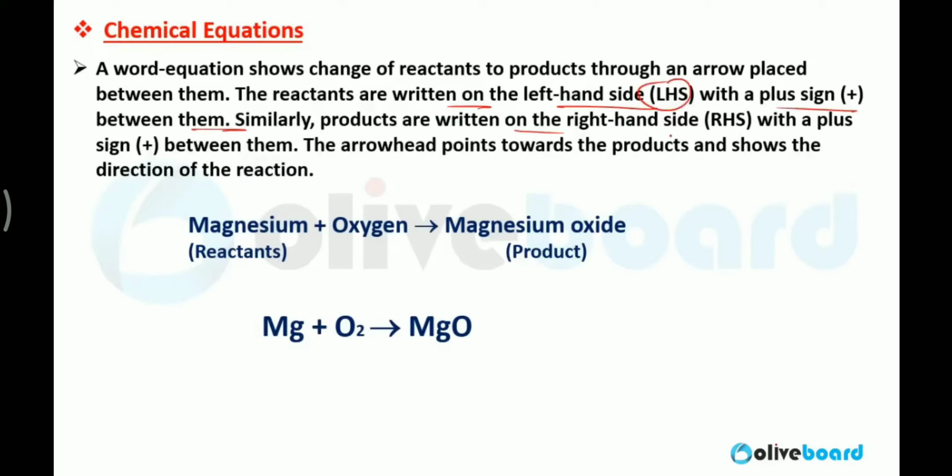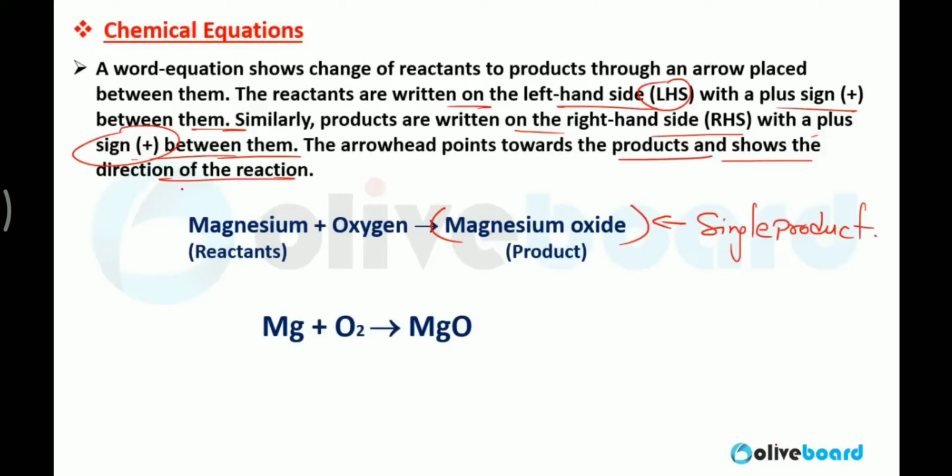Similarly, products are written on the right hand side with a plus sign between them if there are two products, but not necessary every time. As you can see, here is a single product. Single product is also possible, so at that time there is no need to put any kind of symbol. The arrowhead points towards the products and shows the direction of the reaction.